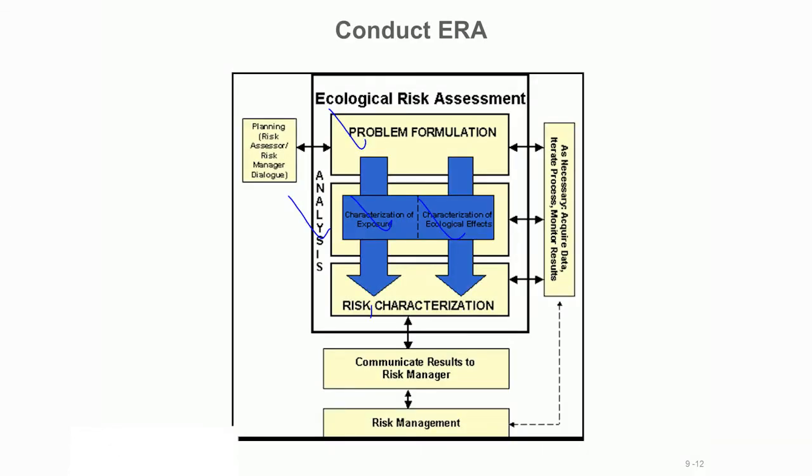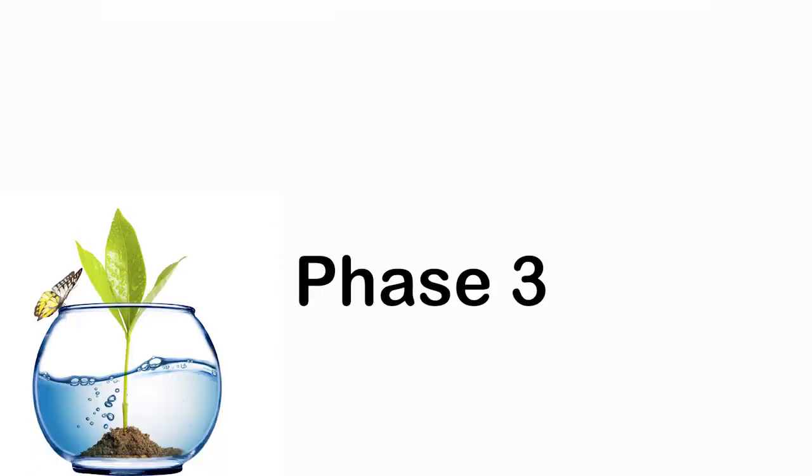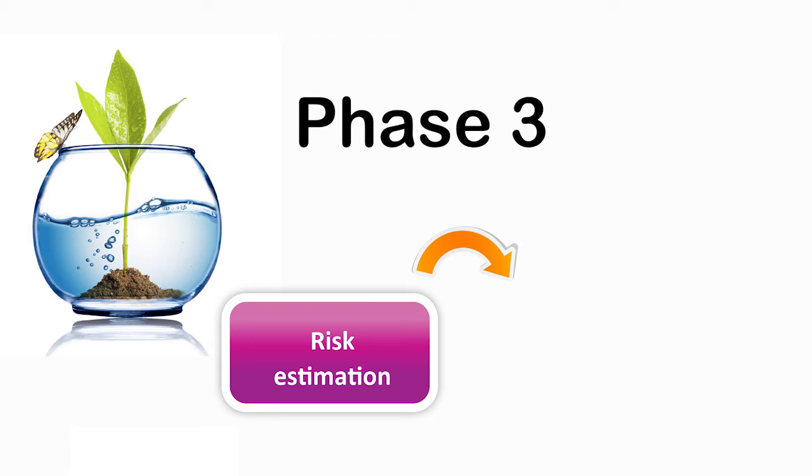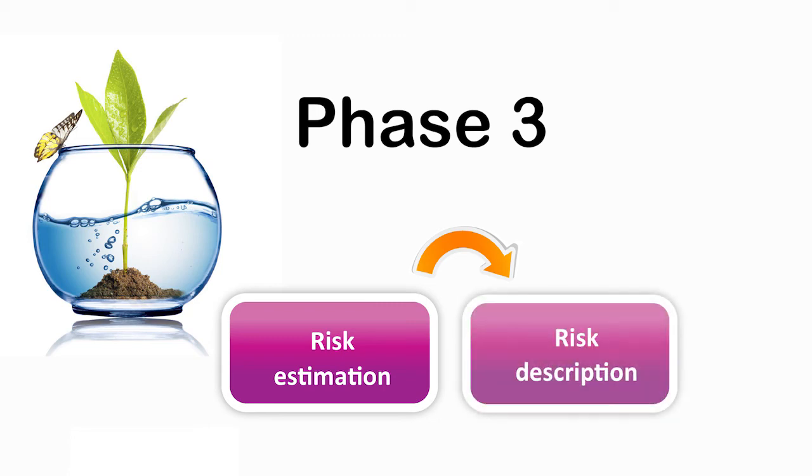Lastly, phase 3 is risk characterization, which comprises two parts: risk estimation and risk description.